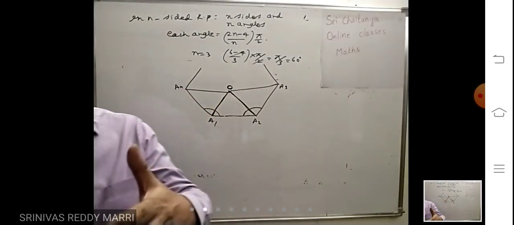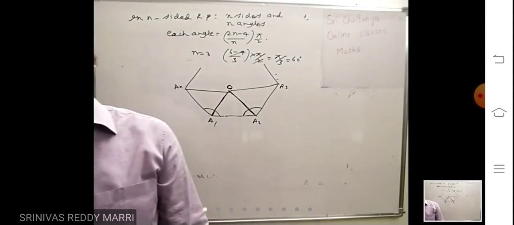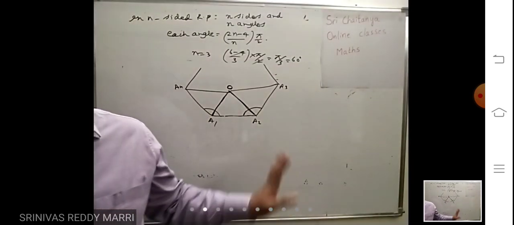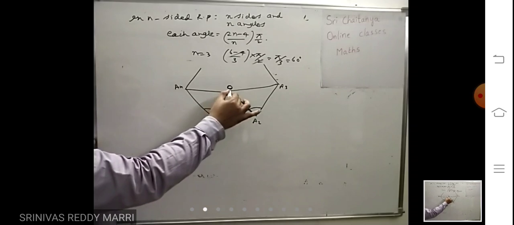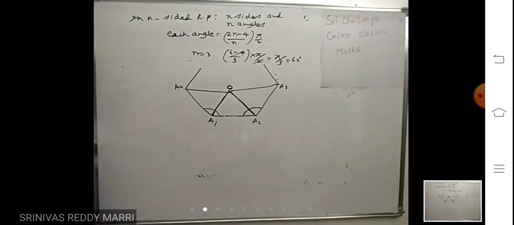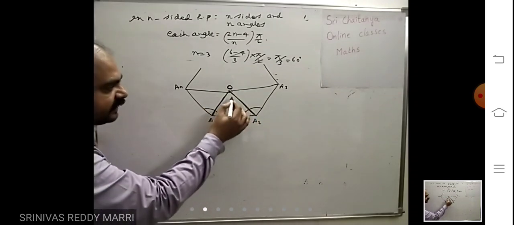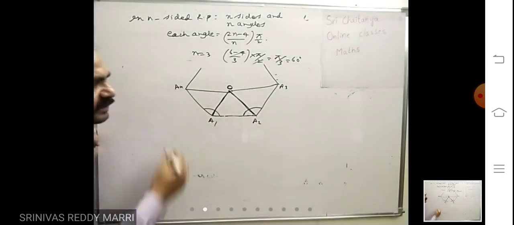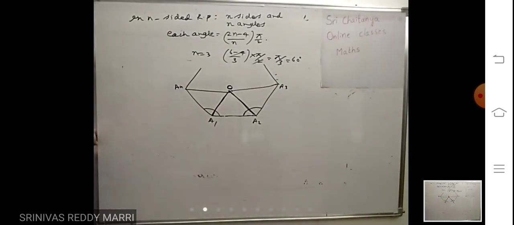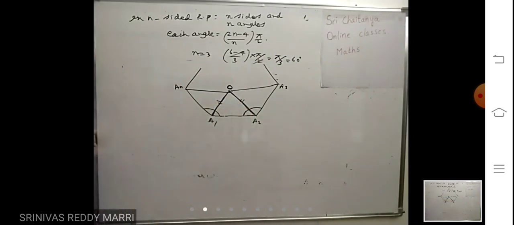In the equilateral triangle, the incenter is there, and the distance from incenter to vertices is nothing but the circumradius. Just like that, from the center of the polygon, the vertices are at equal distance. That means these triangles are all isosceles triangles. This side will be equal to this side.